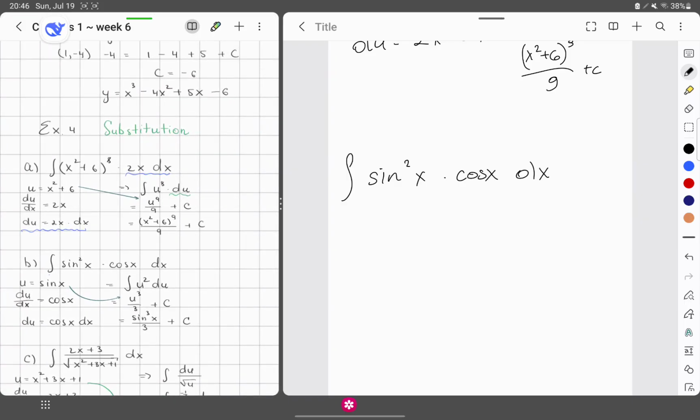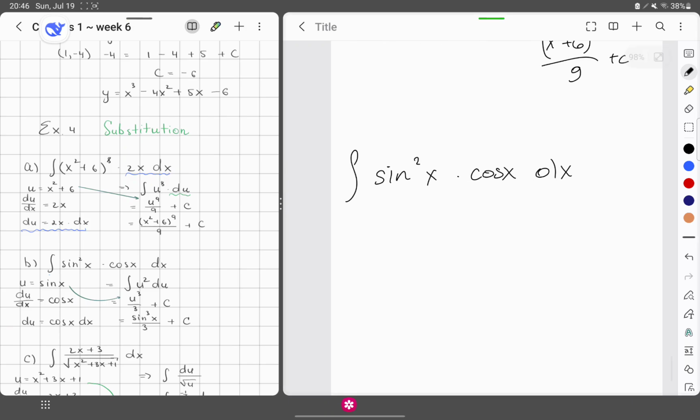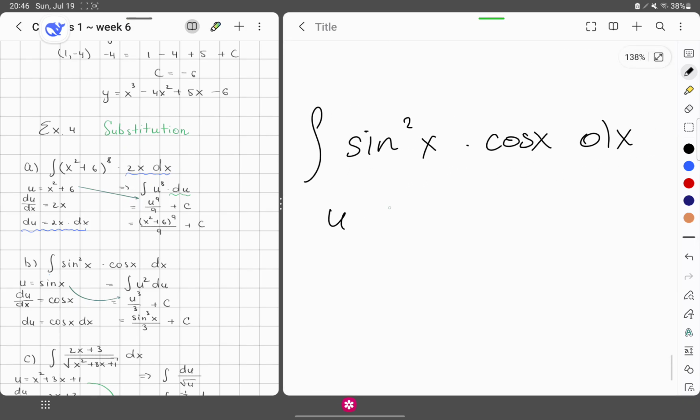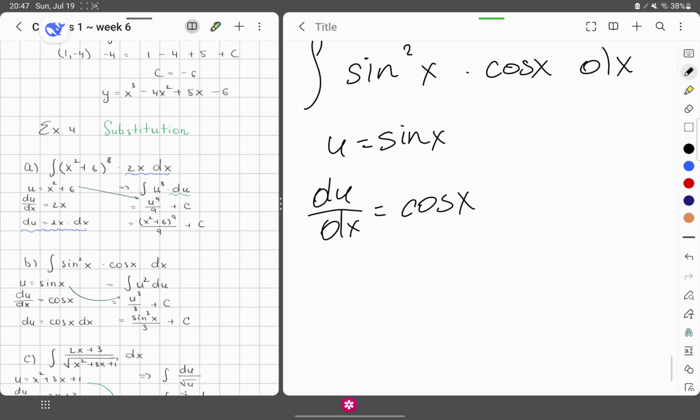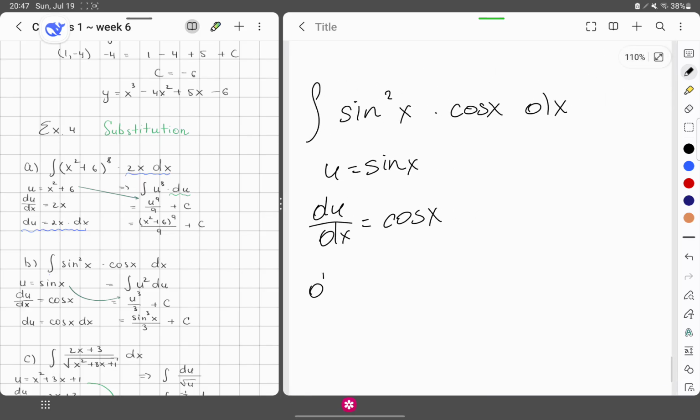If we say u equals sine x, the derivative of sine x will be cosine x, and du will be cosine x dx.